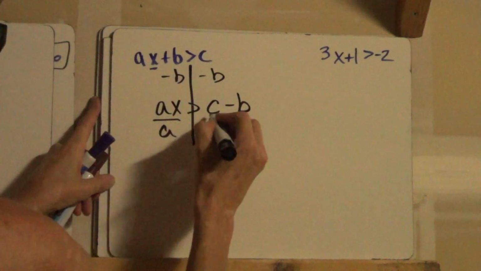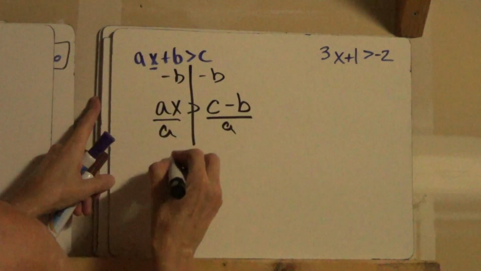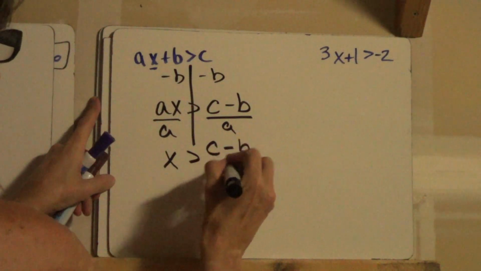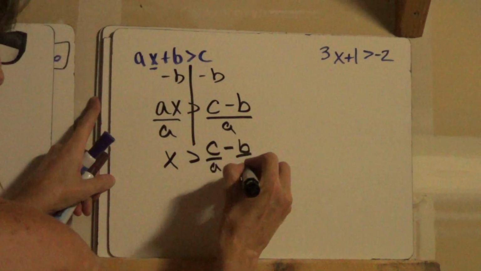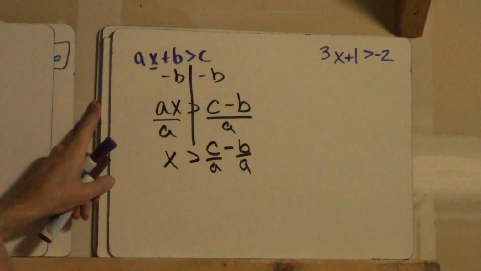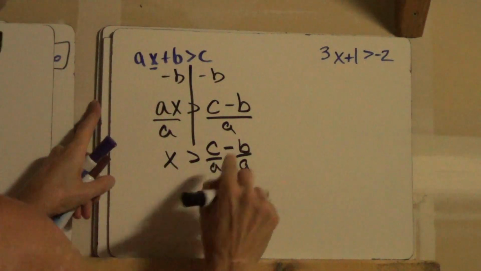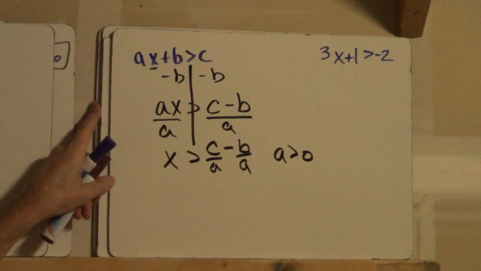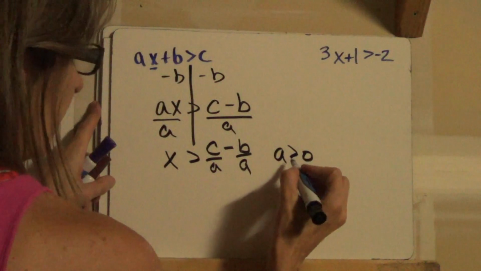Divide by a on both sides. X is greater than c minus b, distribute the a out. Now, the one thing that I would say is you need to make sure that you write that a has to be greater than 0. And it can't be equal to it.